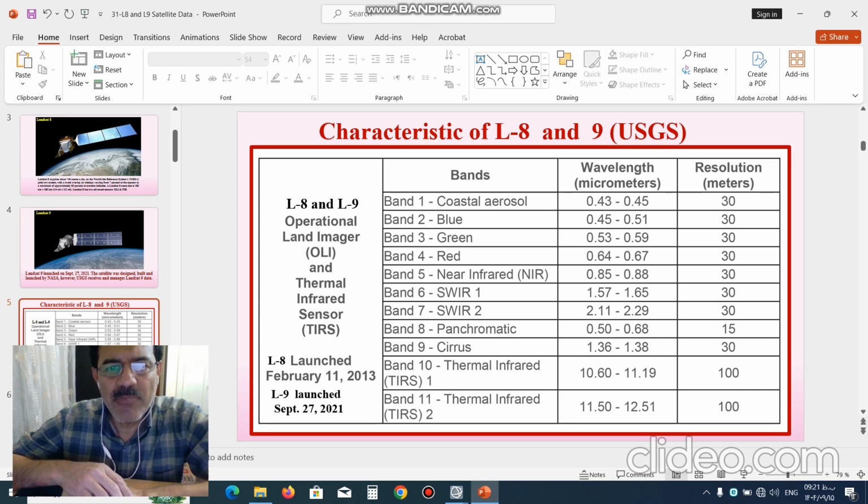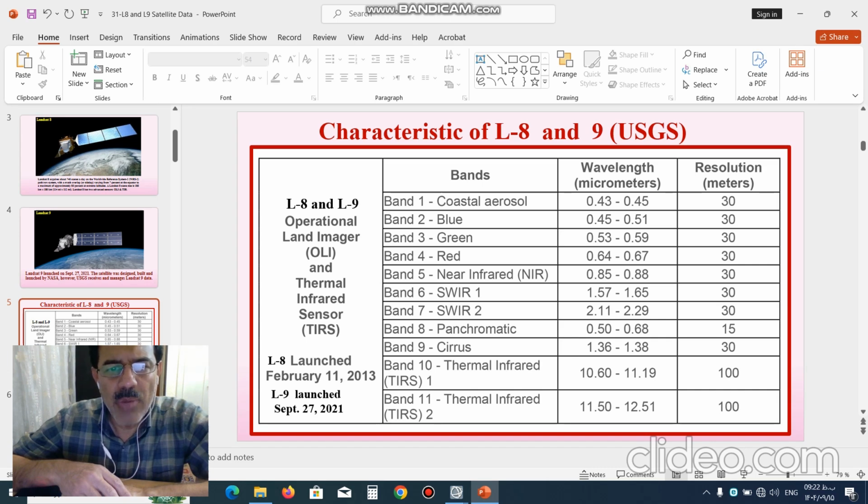Band number 1 or coastal aerosol, wavelengths 0.43 to 0.45 and resolution 30 meters. And band number 2 or blue, band number 3 green, band number 4 red, and band number 5 near infrared, or abbreviation NIR.